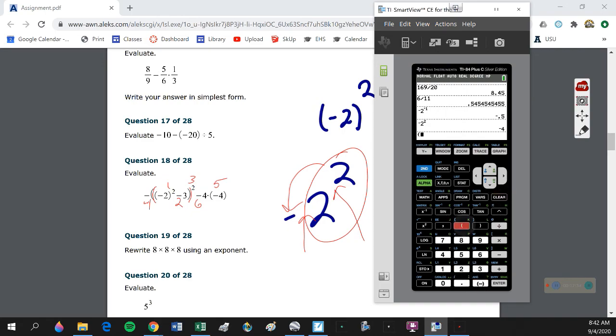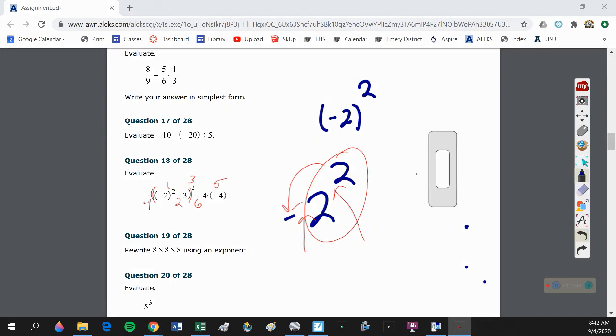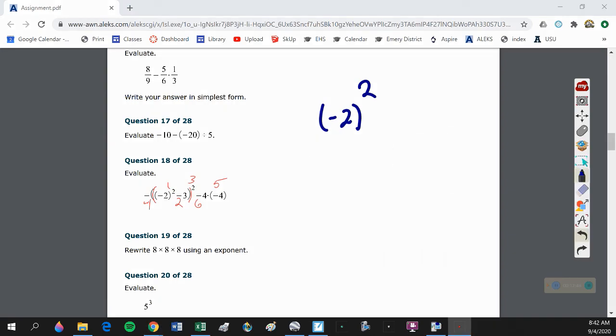-2 squared is 4, and step 2 is subtract 3 equals 1. Step 3 is squaring it, which is 1.